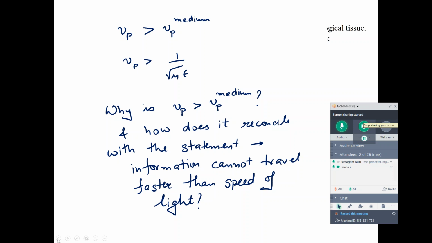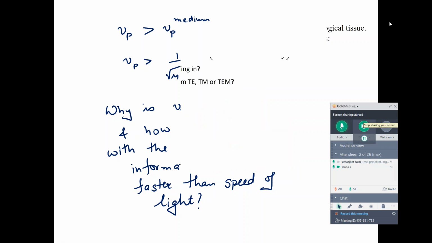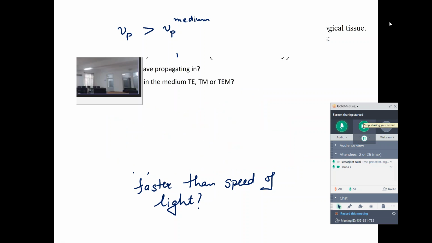All right, let's stop here. So we've come to a conundrum. When we calculate the phase velocity in the waveguide, it is going to be larger than the phase velocity of just the medium itself.